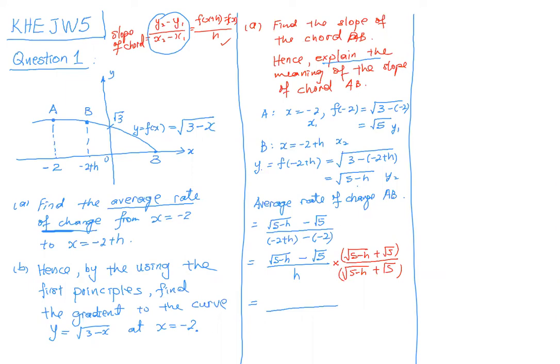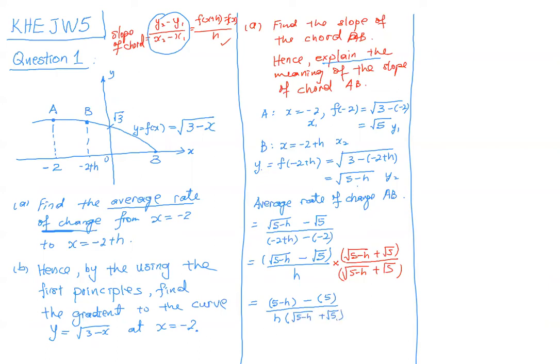So what to do next? You cross out the top, the square root 5 minus h minus square root 5. So I do not cross out. When you expand, you get this. Correct? Then the bottom? Bottom, what should I do? Square root 5 minus h plus square root 5.